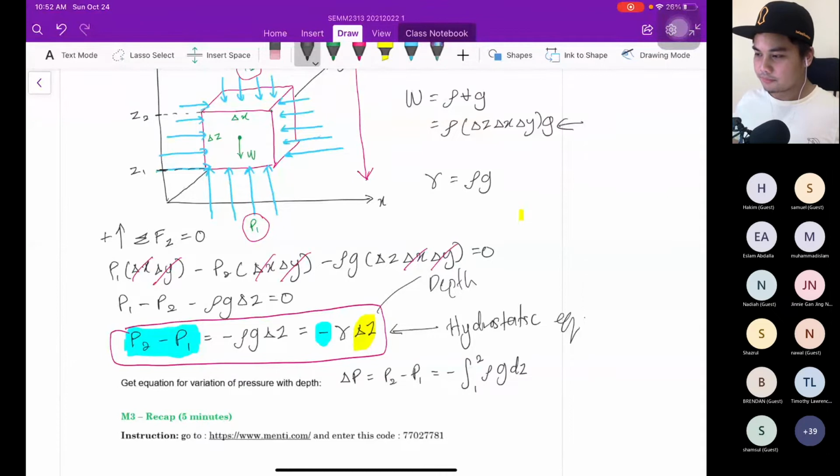Something like Y. Like this Y, or like this Y. Which one, A or B?